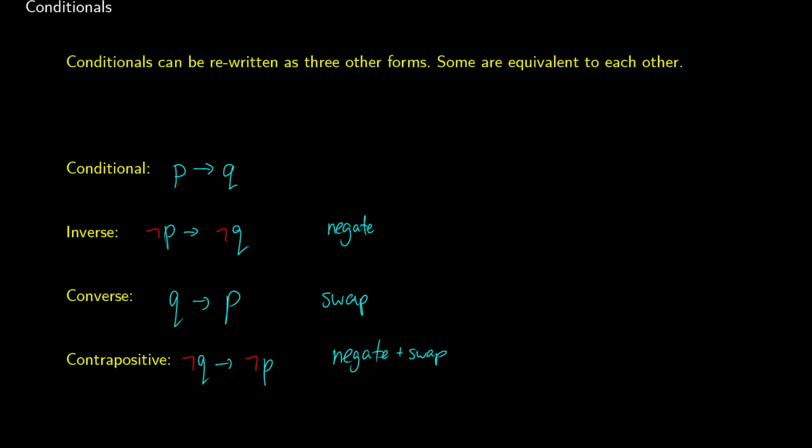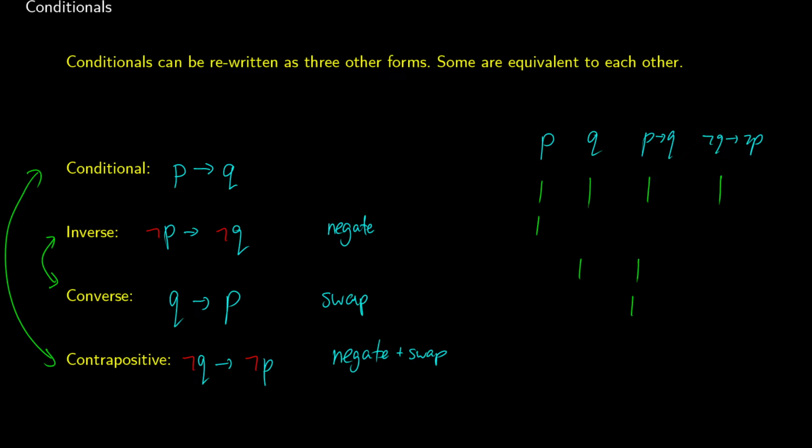Now some of these are equivalent to each other. In fact, the inverse is equivalent to the converse, and the conditional is equivalent to the contrapositive. If I were to show you a truth table of these, I am going to skip some of the steps here, but let me just get this table set up the way that I know how to do it.